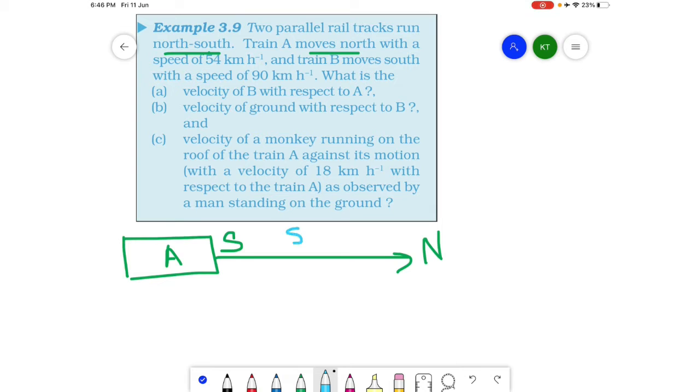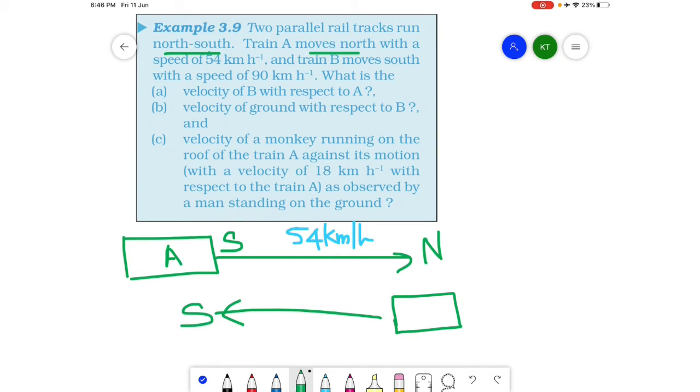Now what about train B? Train B moves south with a speed of 90 km per hour.